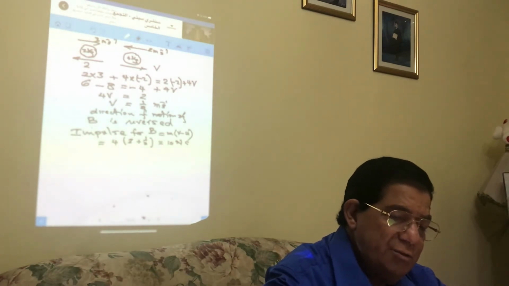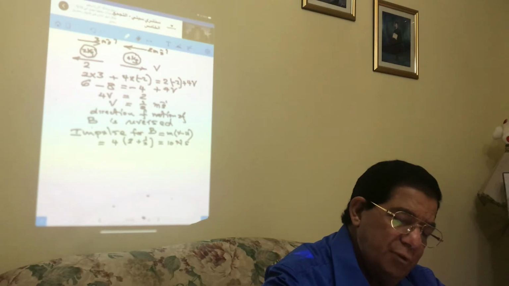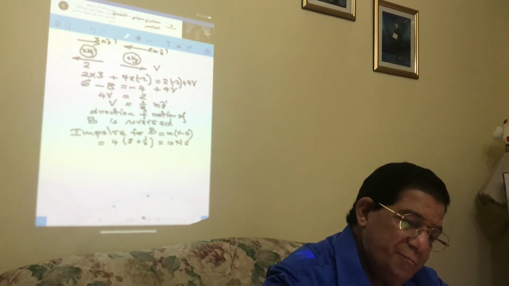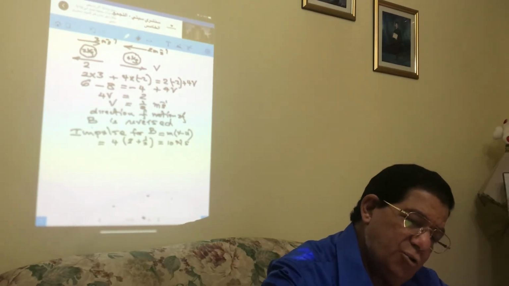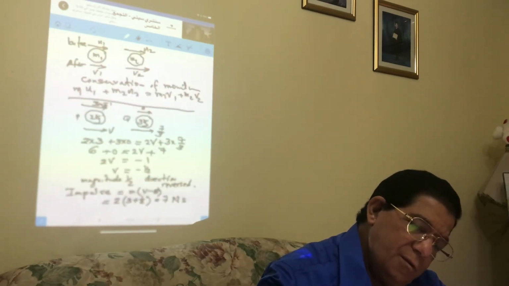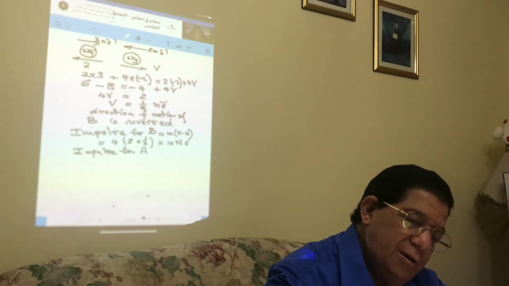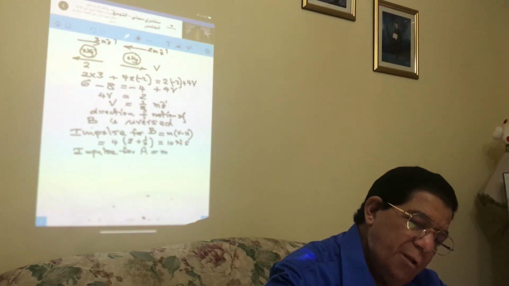We will get the same answer if we consider the other mass. Let us try. It is not required, but let us try. What is the impulse for A? Again, it's mass times (v minus u).